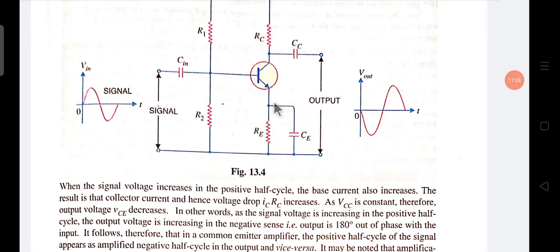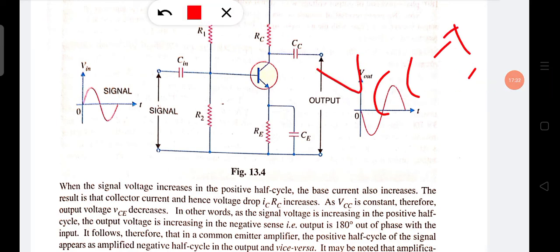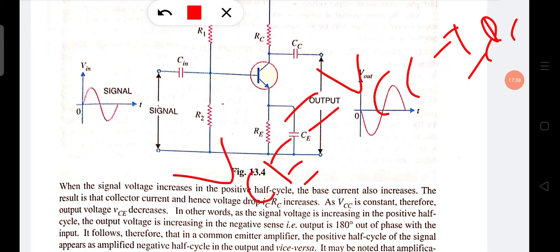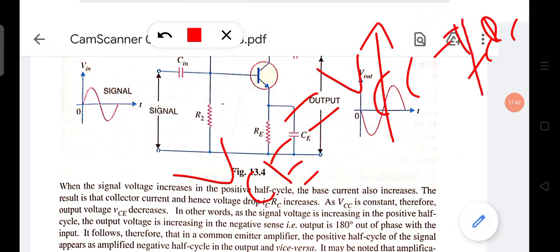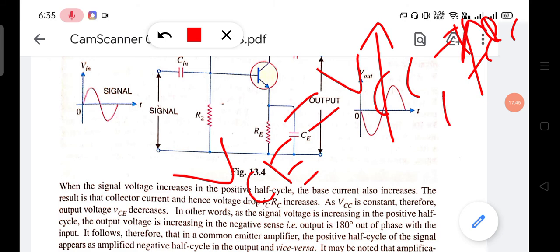Since we know VCC minus IC RC is equal to VCE, and VCC is constant, whenever IC RC is increased, VCE always decreases, due to the minus sign.